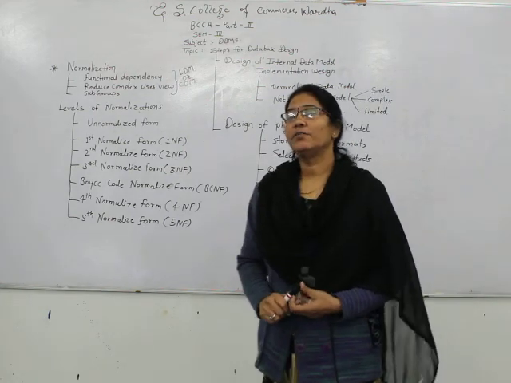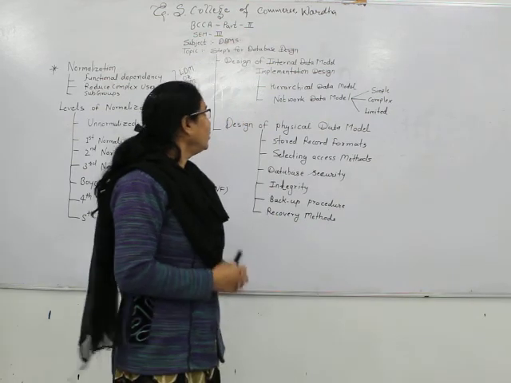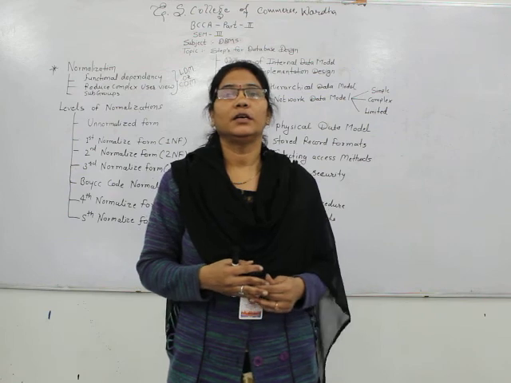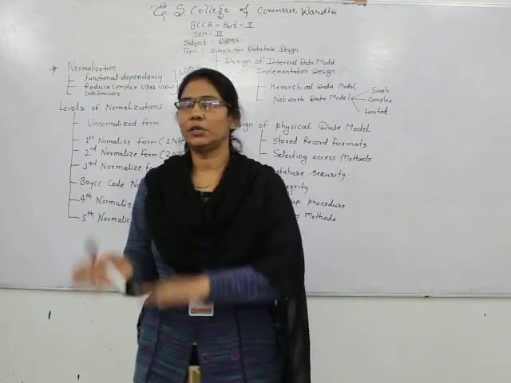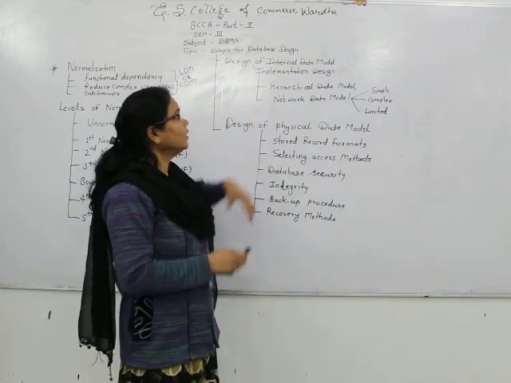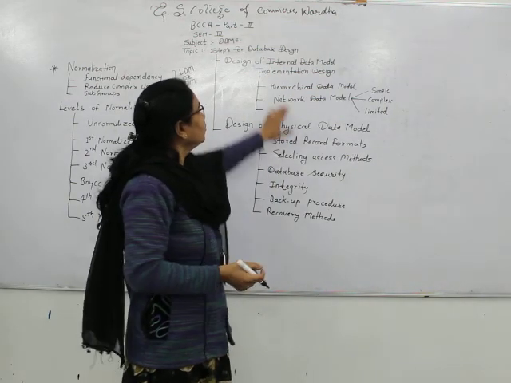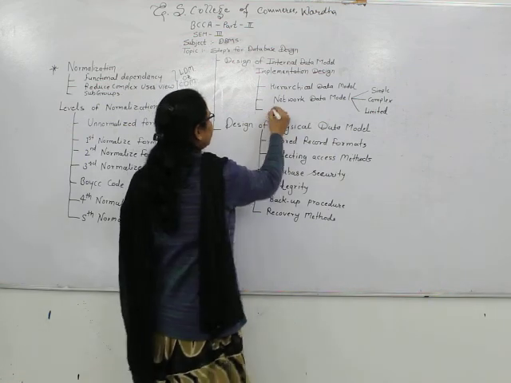So basically when we want to design the internal data model, ultimately we have to map that conceptual data model into the next level, that is the implementation designing, and there are 3 parts of that implementation designing: hierarchical data model, network data model, and relational data model.